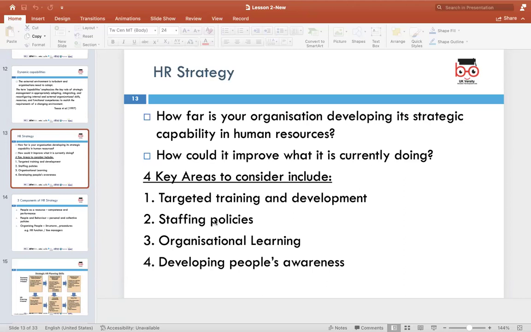So then we look at targeted training and development for our associates. We look at making minor changes to our policy so that our staff is more transparent with everything, and how we can integrate organizational learning. Maybe it's a very big organization which keeps evolving after every few years.